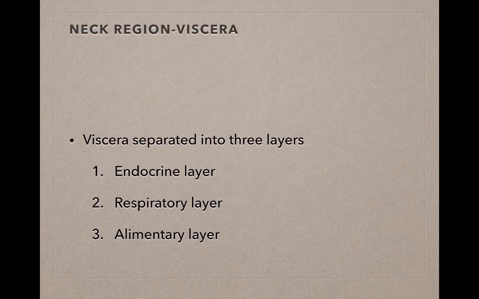The respiratory layer includes the larynx and the fibrocartilaginous tube known as the trachea. So the larynx is where you get your voice. It has the vocal folds. The muscles are innervated by a recurrent laryngeal nerve, which is a branch of the vagus nerve.